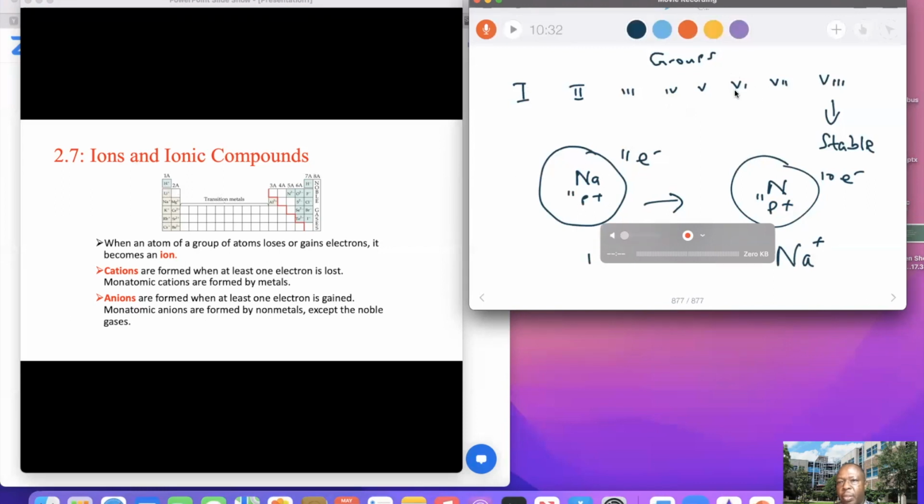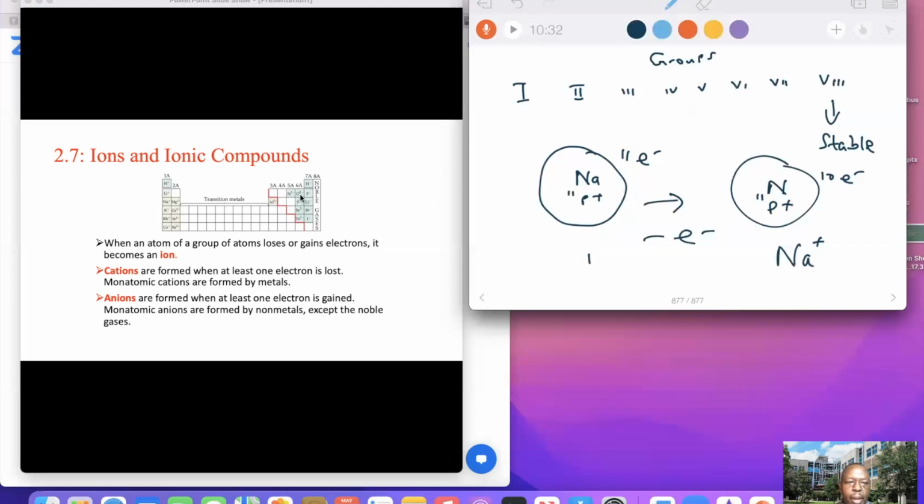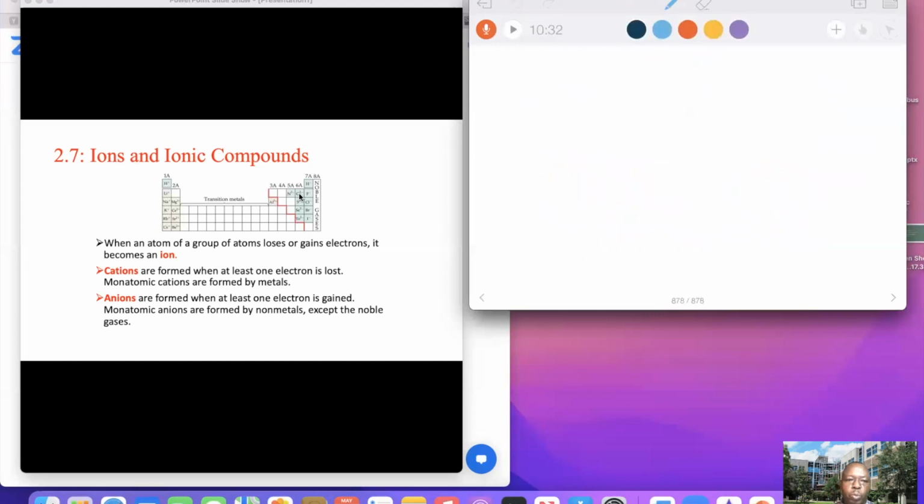So for example, oxygen in group 6 will need 2, therefore you will see negative 2, it will gain 2 electrons. Group 7 will gain 1 to get to 8. So anions are formed by an atom gaining electrons.